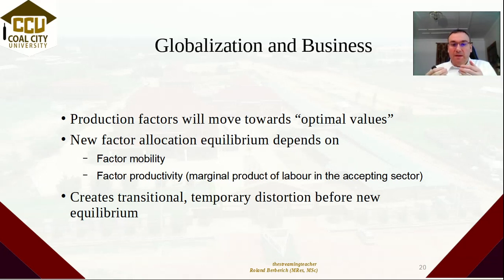So this creates a global workflow restricted by immigration policy, but also a transnational, transitional, temporary distortion before we can establish a new equilibrium. Because if that person comes from a foreign country to the UK to be a fruit picker, they can't be a fruit picker or an IT person in their domestic country.